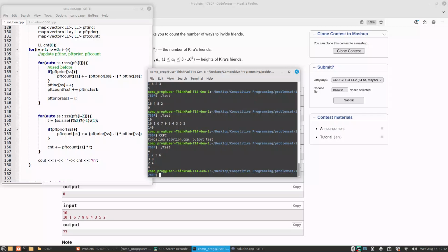So 1, 2, 3, 6. That gives you 0, obviously, with 2, and this 1 should add, should be plus 3 there, and then, yeah, why is it weird? There should only be 1.